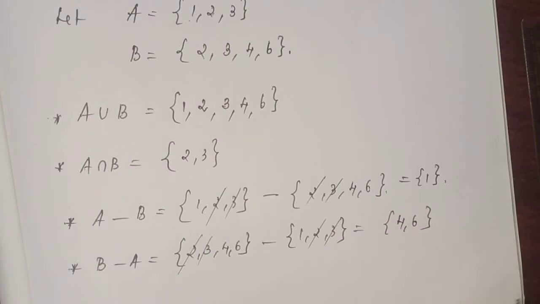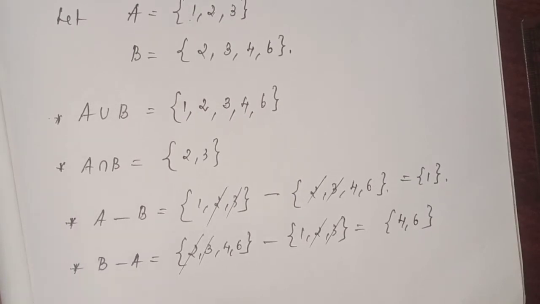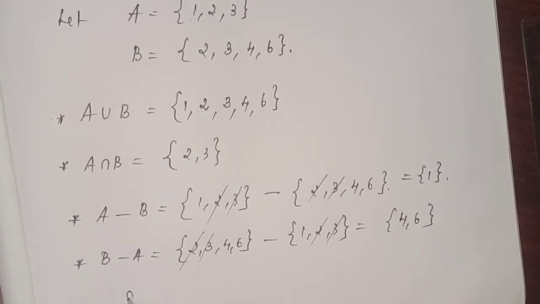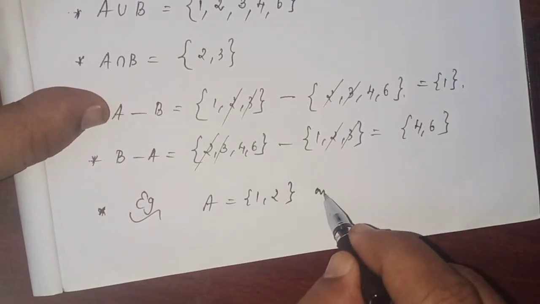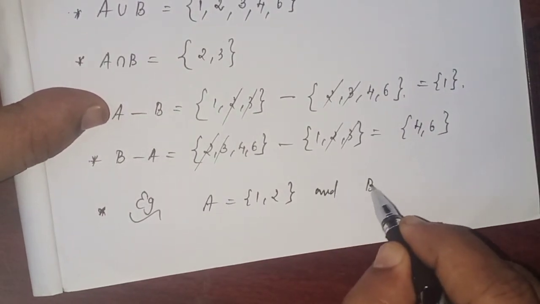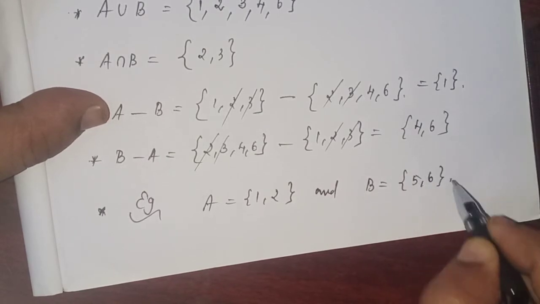Now, I have to tell about the empty set. For example, I consider A equal to {1, 2} and B equal to {5, 6}.